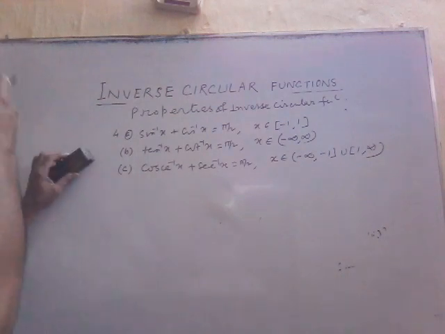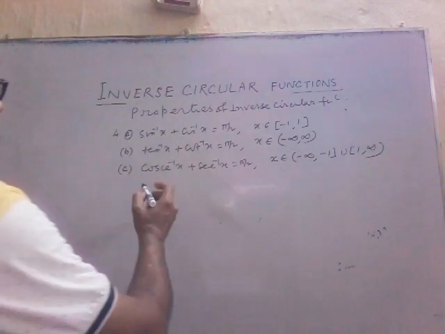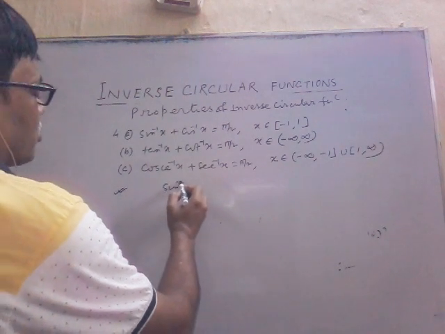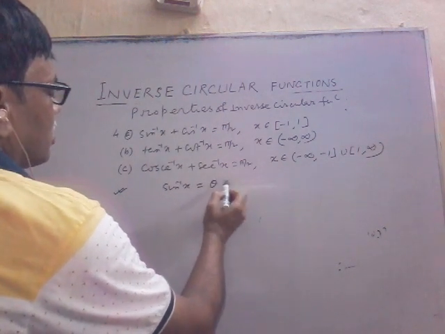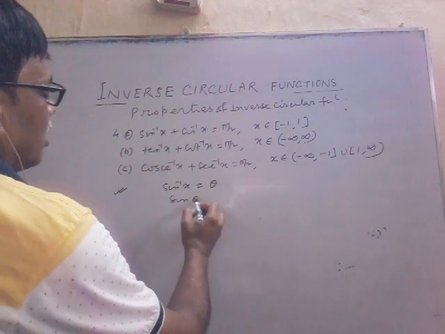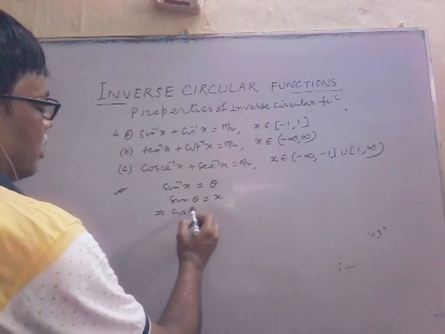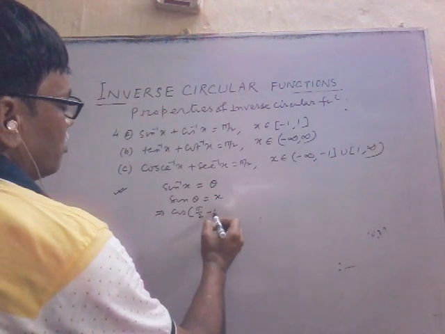Now the proof is very simple. No need of proof, but look, sine inverse x equals theta. So sine theta equals x. Now you can write this as pi by 2 minus theta.